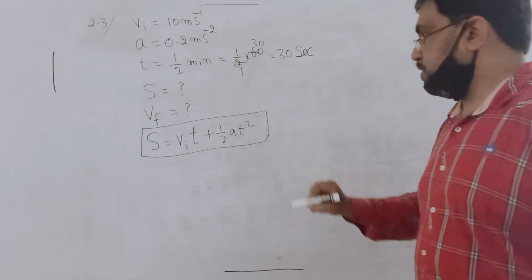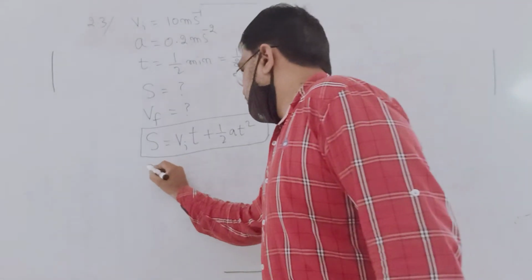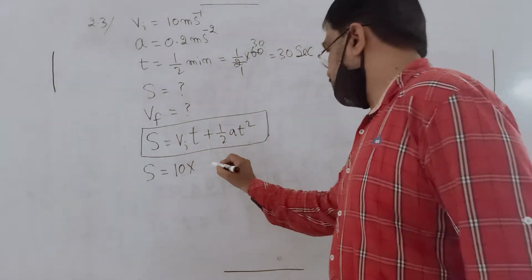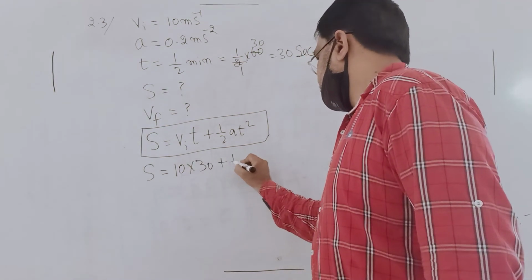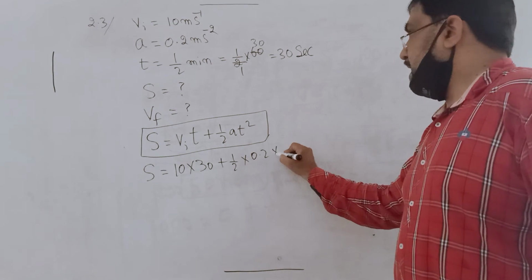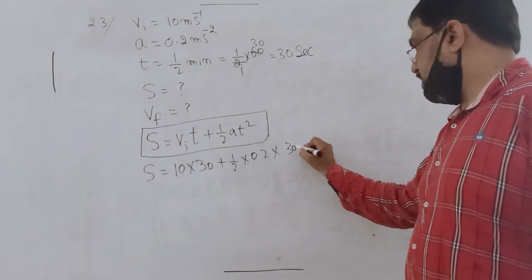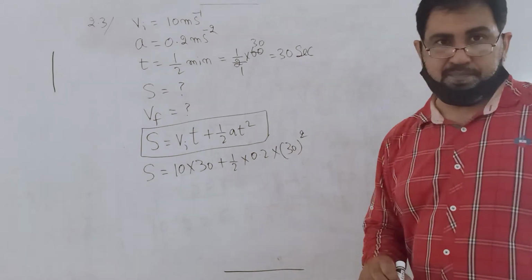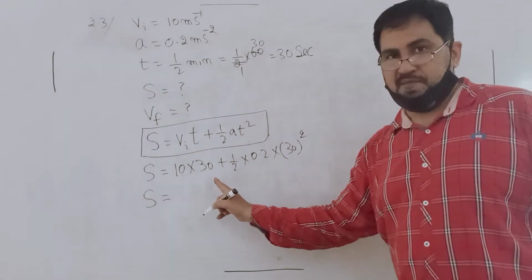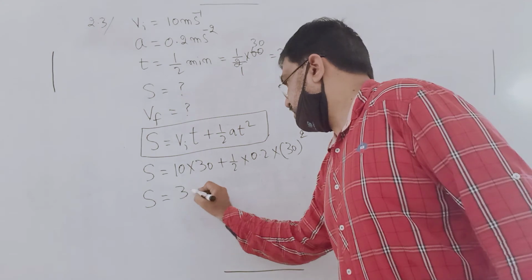By putting values, Vi is equal to 10, T is equal to 30, acceleration is equal to 0.2 and T is equal to 30 square. When 10 multiplied with 30, answer will be 300.